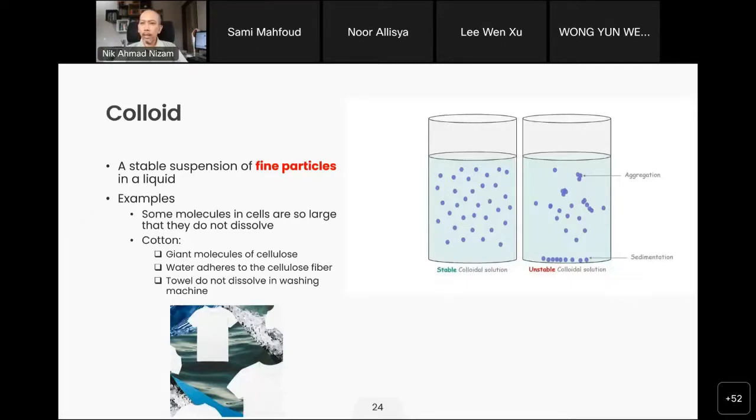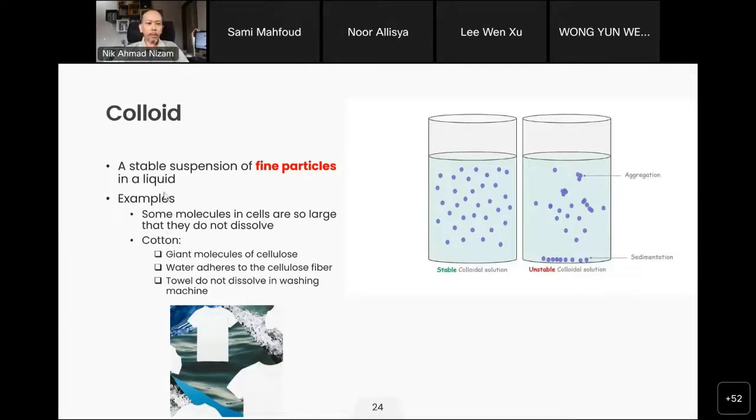But we can determine whether it is a colloid using UV visible spectrophotometer spectroscopy. If the colloid is not stable, aggregation or agglomeration occurs, the fine particles combine together, or they sediment at the bottom of the solution. So this is an unstable colloidal solution.